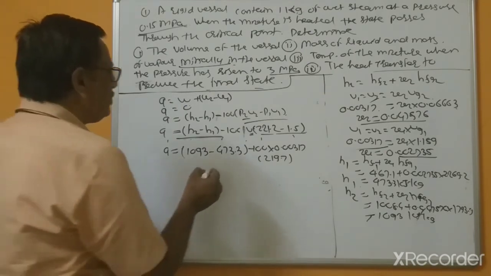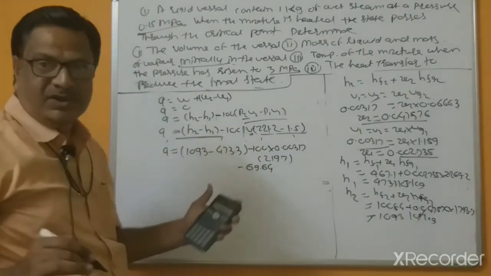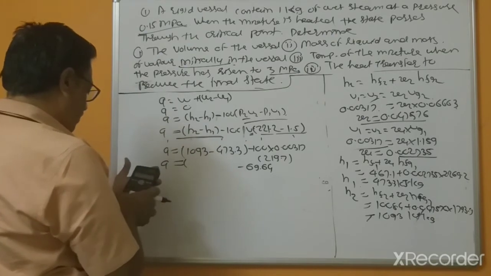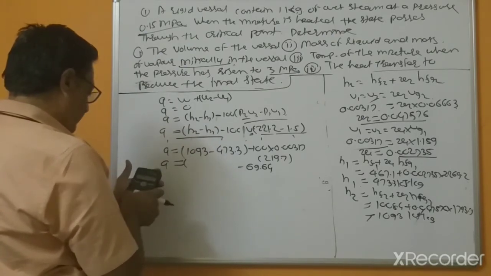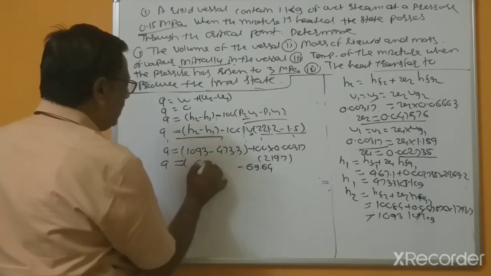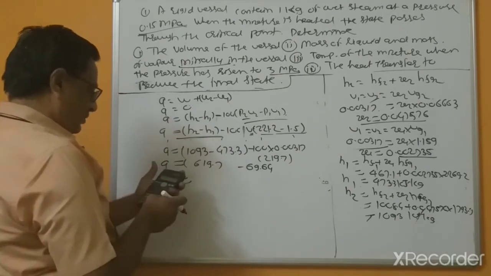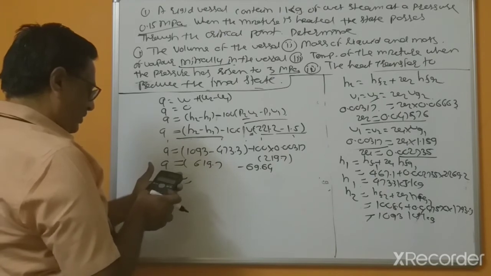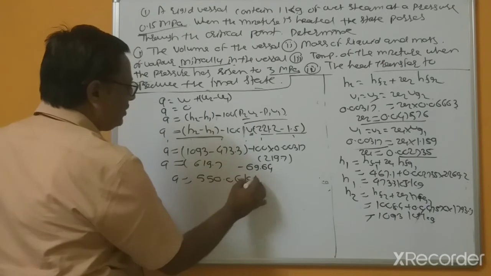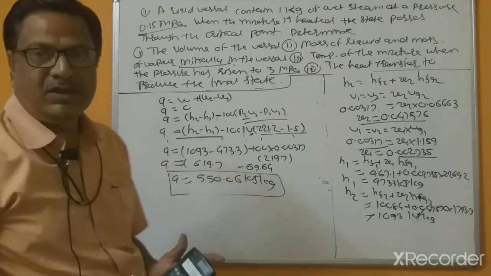This is equal to 69.64. The second term is 69.64 and this first term 1093 minus 473.3 is equal to 619.7, and minus 69.64 equal to 550.06 kilojoule per kg. This is the amount of the heat transfer.